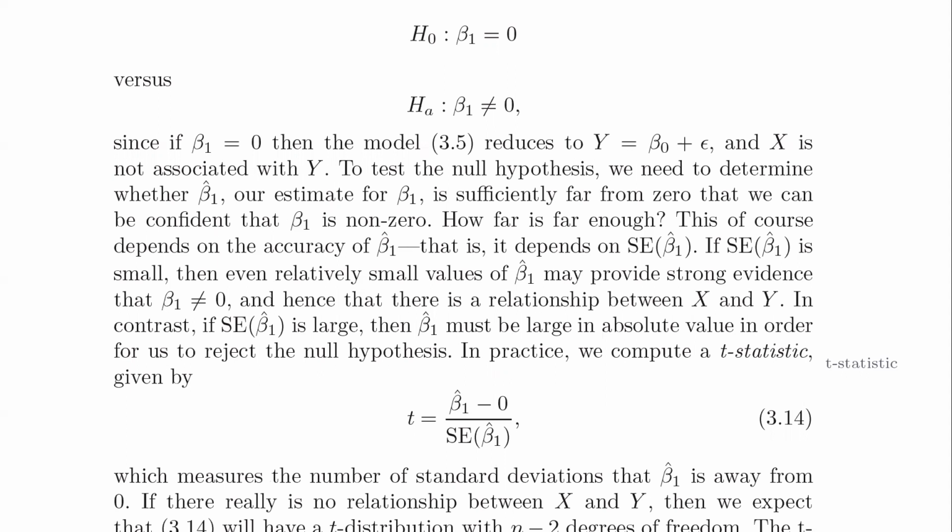So that takes us back to the confidence interval. Let's say that you've estimated beta 1 on the real line. How have you estimated it?